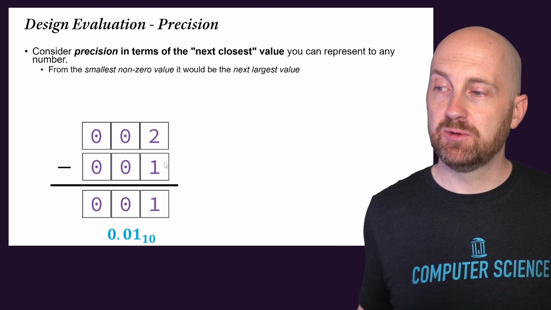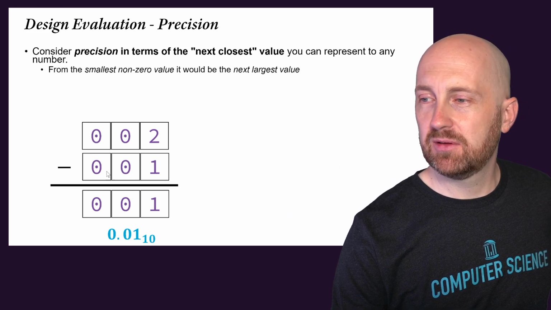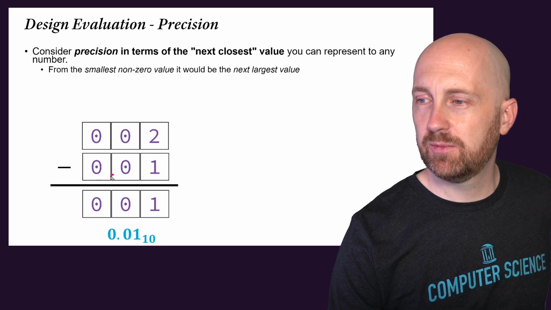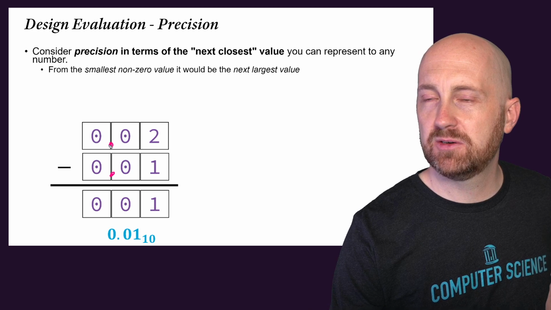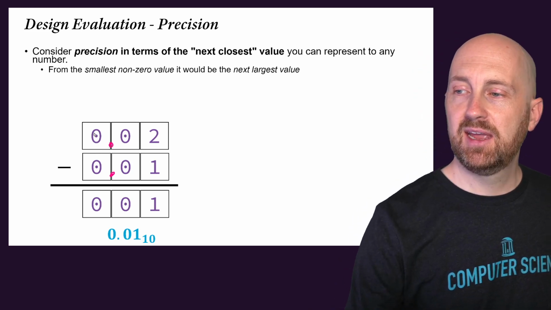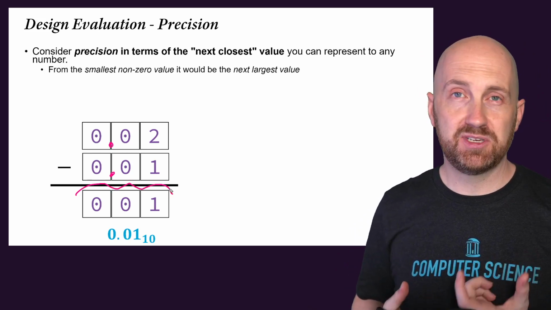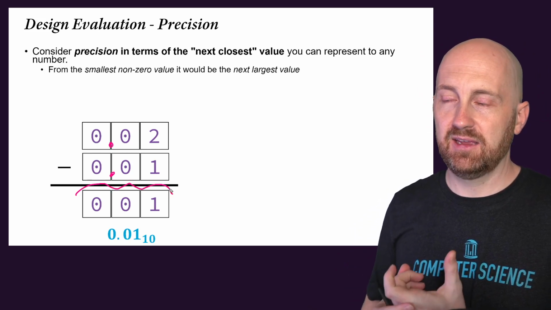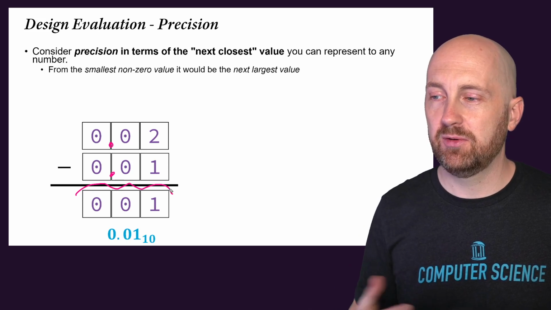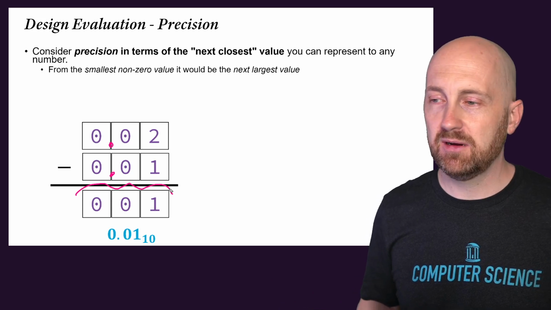If we imagine the implicit decimal point in these positions, we have 0.01 and 0.02, the 2 smallest non-zero values that can be represented. If we take the difference of those, that tells us the precision that we have available in this range of our numbering system. And we have 0.01 of precision.